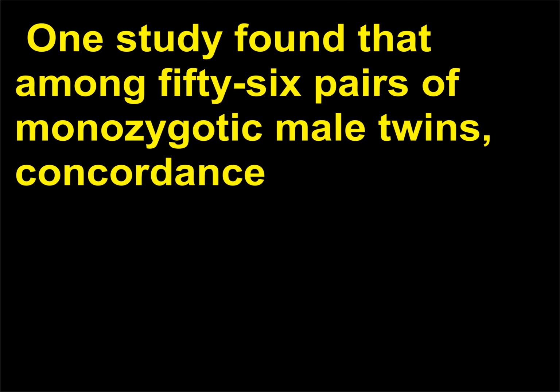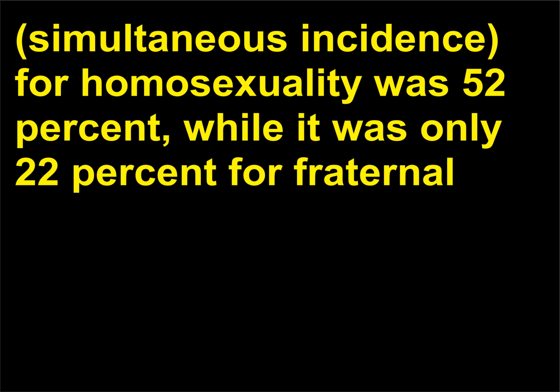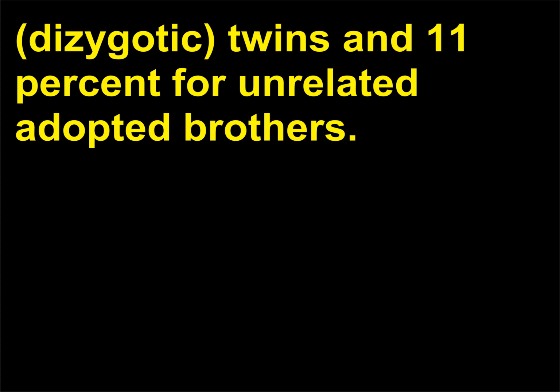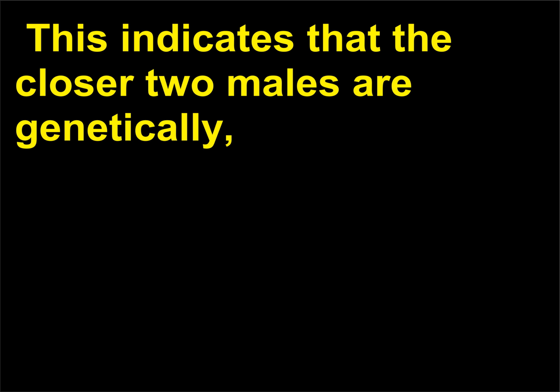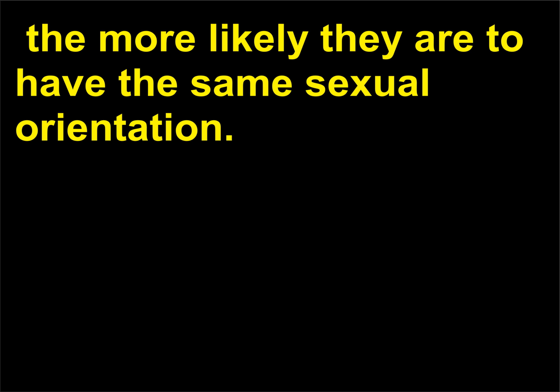One study found that among 56 pairs of monozygotic male twins, concordance, simultaneous incidence, for homosexuality was 52%, while it was only 22% for fraternal, dizygotic twins and 11% for unrelated adopted brothers. This indicates that the closer two males are genetically, the more likely they are to have the same sexual orientation.